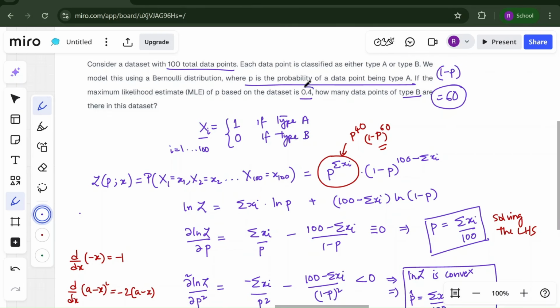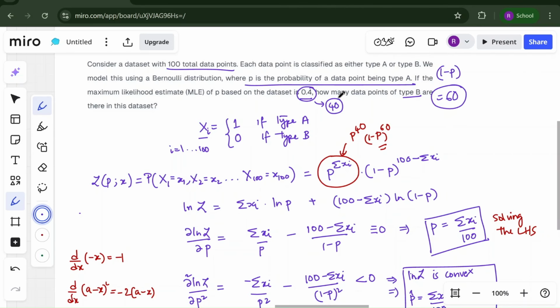From this, how did you conclude that there are 40 data points? Yeah. So you already know that the MLE of the Bernoulli distribution corresponds to the sample mean, right? That you are using. So what I'm just saying is that if you are confident about your results, then you can directly use it. If you are not, then do it in the standard way.